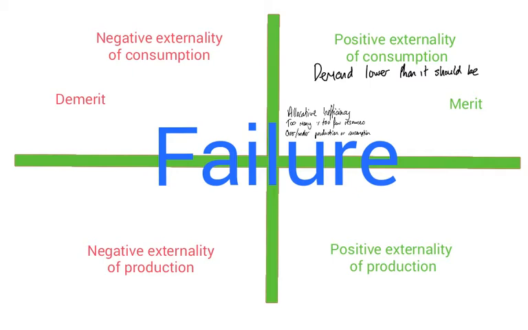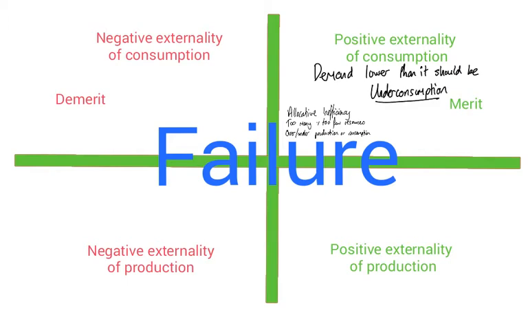Okay, in the case of positive externalities, it's because external benefits aren't being considered, and in the case of merit goods, it's all benefits, including private ones, which aren't being considered. And the result of that is that demand will be to the left of where it should be, and there will be under consumption.